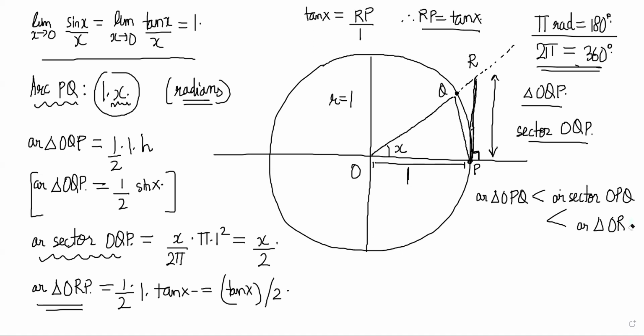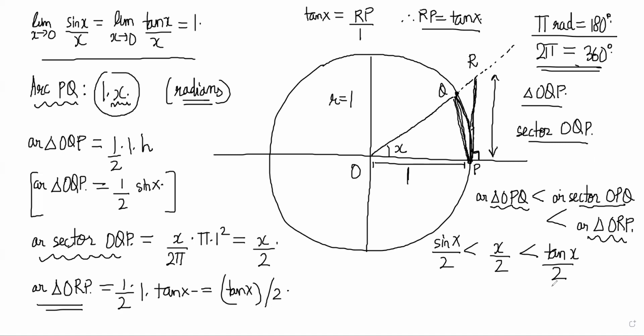ORP, yes. Is that clear? Yes, sir. Because clearly from the figure, the biggest area is this, the middle area is this, and the smallest area is this, right? Yes, sir. So therefore, what are we getting? We are getting sine x by 2 is less than x by 2 is less than tan x by 2, right?